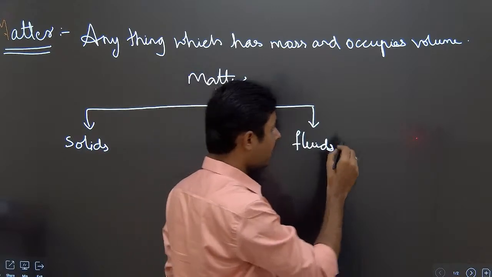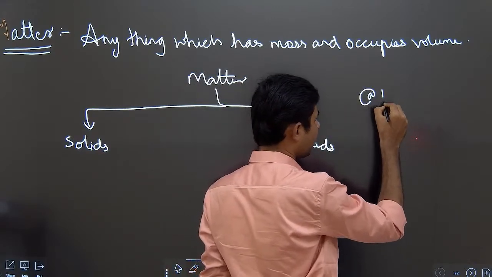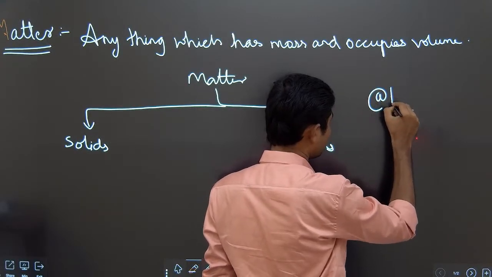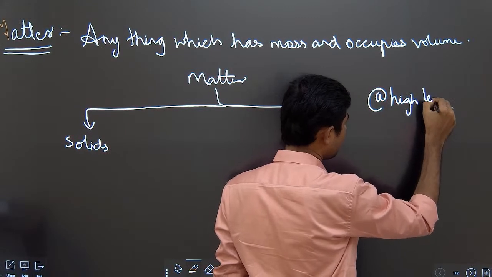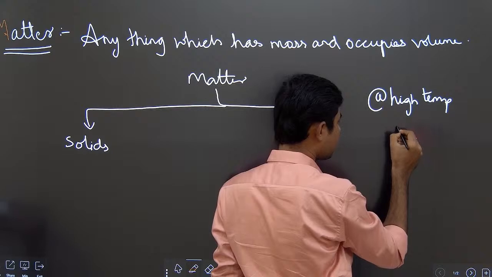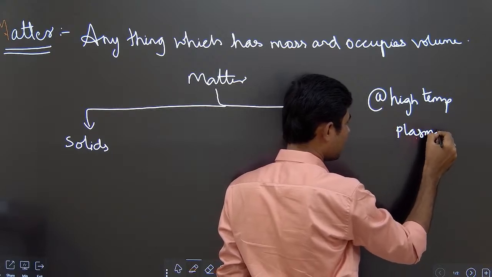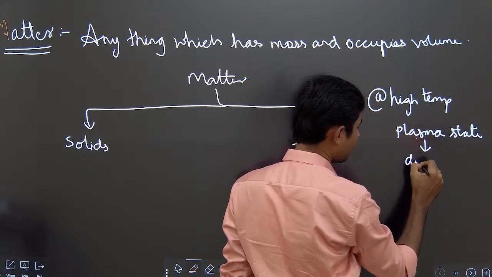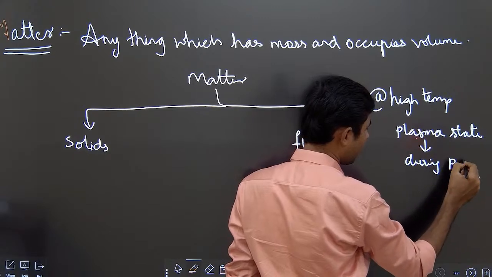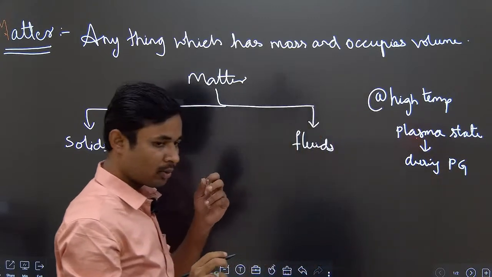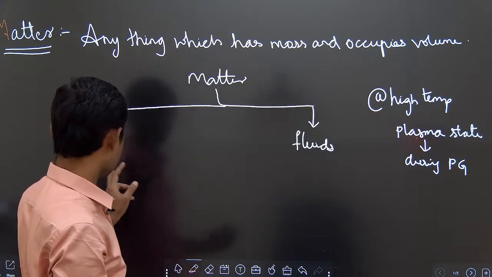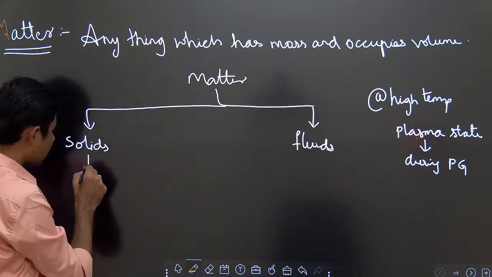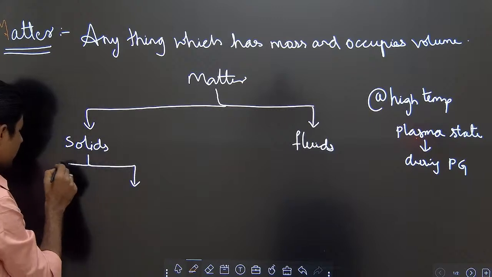At high temperature, matter exists in the plasma state also, but we study the plasma state during PG. So right now, we will discuss only two types of classification of matter, that is solids and fluids.